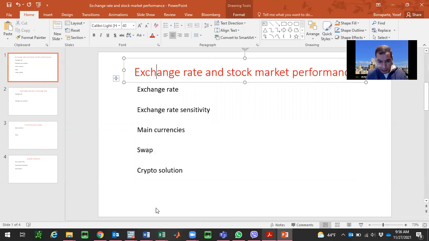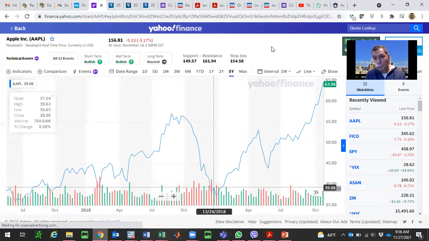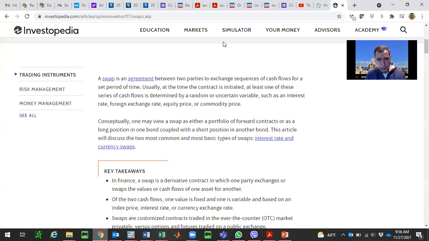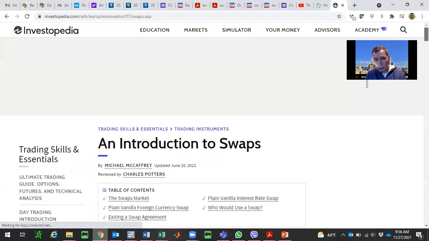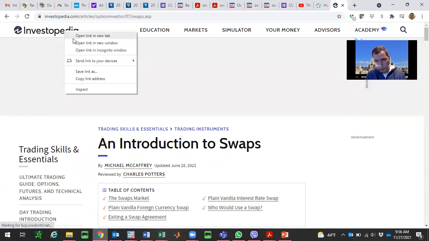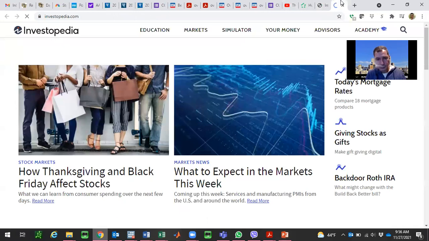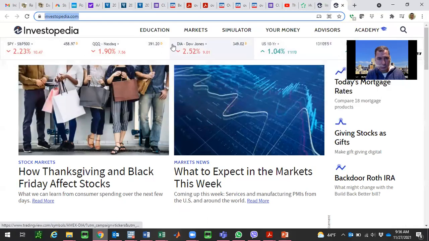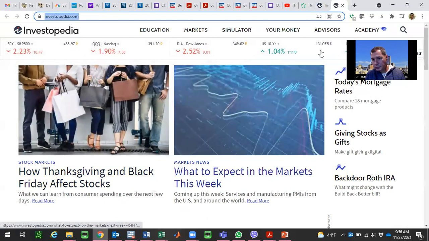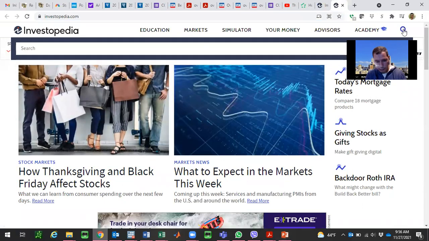So exchange rate. What's the deal here? You will have these slides here. What's exchange rate? If you go to Investopedia, you can see everything you need here. That's about swap. Exchange rate in Investopedia.